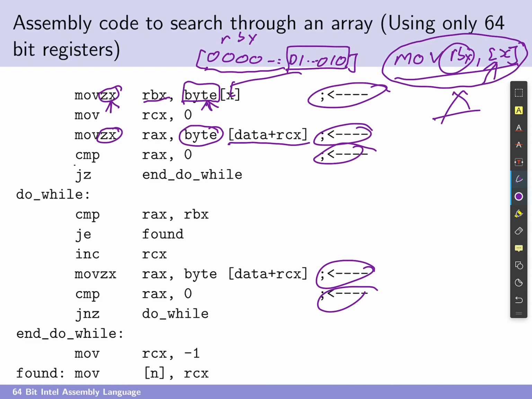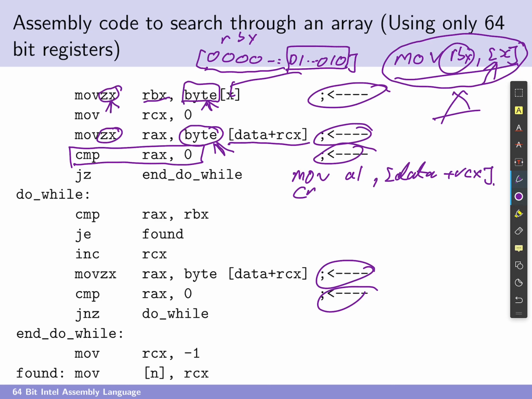And this is particularly important for this next line here, where I did a comparison of RAX with 0. Now, if I had, for example, done something over here where I went move AL, data plus RCX, that's fine in the sense that I've only loaded 1 byte.